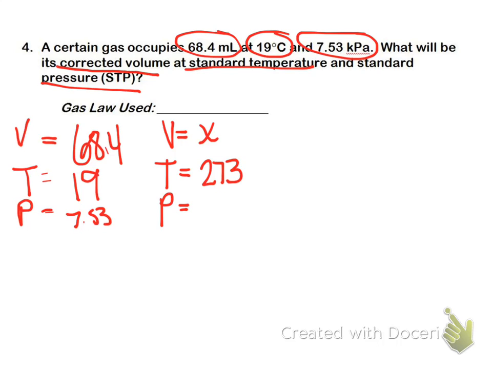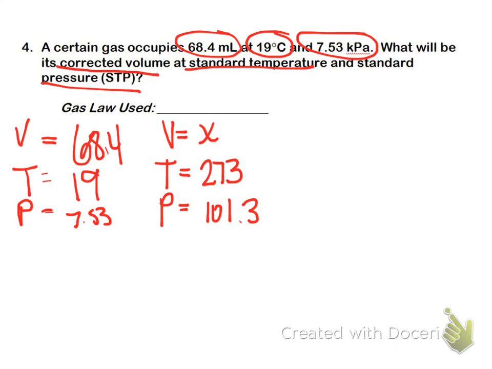Standard pressure, though. Standard pressure in kilopascals is something else. Look on your sheet and see if you can find standard pressure in kilopascals. Okay, why did I write 101.3? It obviously says that standard pressure is 1 atmosphere.